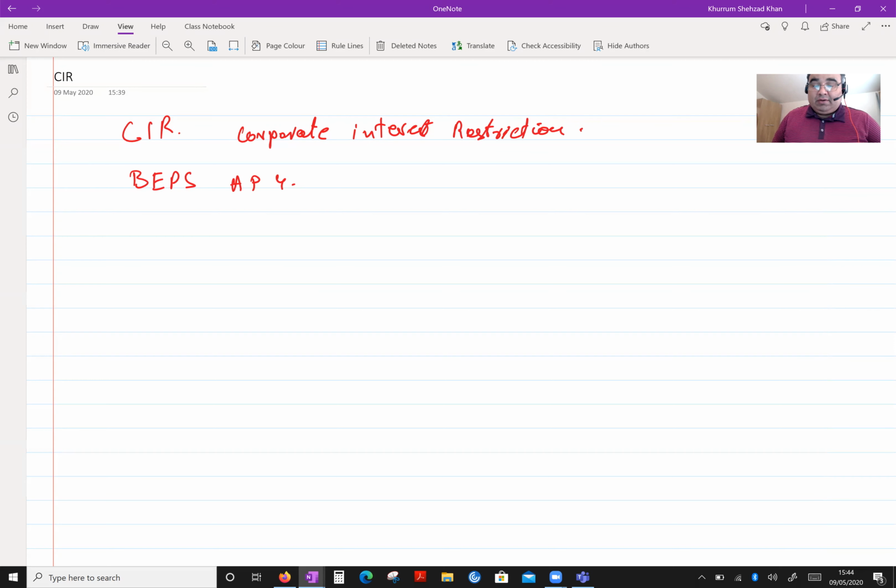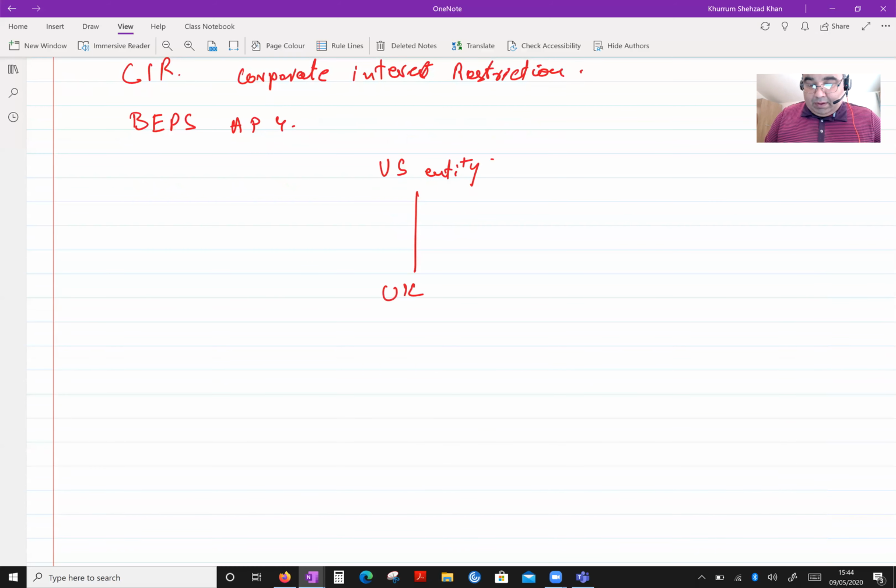As a brief outline, if a multinational enterprise wants to set up a new company in another jurisdiction, it has two different forms of investment. For example, if it's a US entity and it wants to set up a UK entity, the US entity can sponsor the UK entity's activities either by subscribing shares or giving a loan.